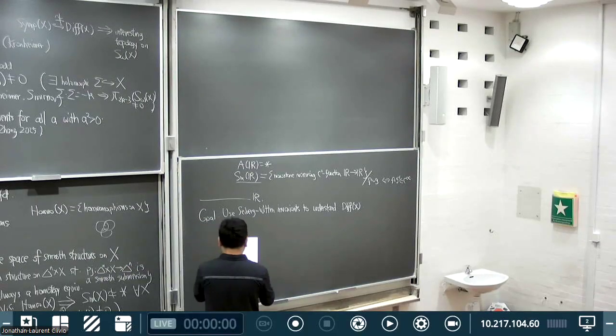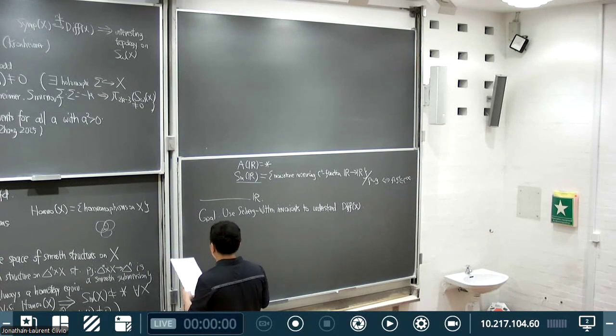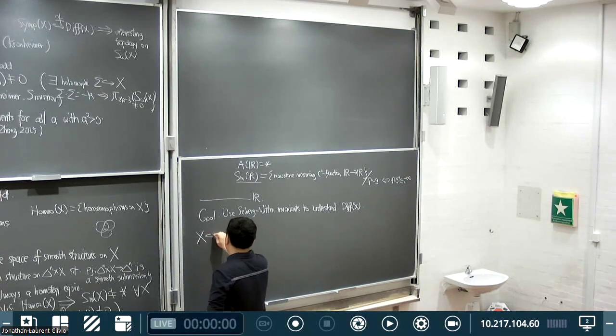That's great. Okay, so now let's do Seiberg-Witten invariants for families. Let's consider a smooth fiber bundle.